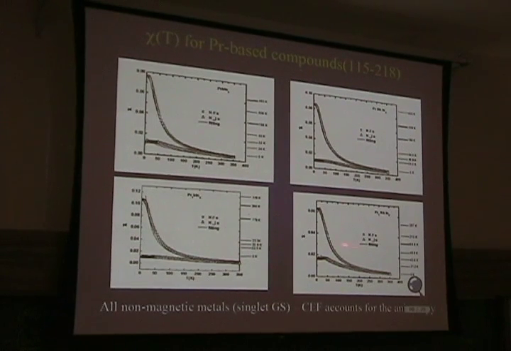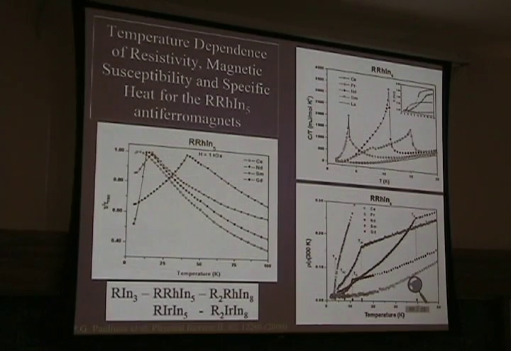Here I'm showing the 115 and the 218. They're both tetragonal, so I can look at all of them together for rhodium and iridium. So you can see that only with the crystal field Hamiltonian you explain the observed anisotropy for praseodymium. Okay, you go to neodymium, you keep going along the rare earth series. I have shown you cerium and praseodymium.